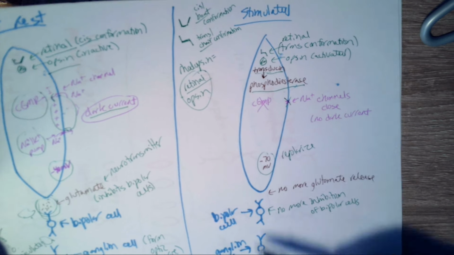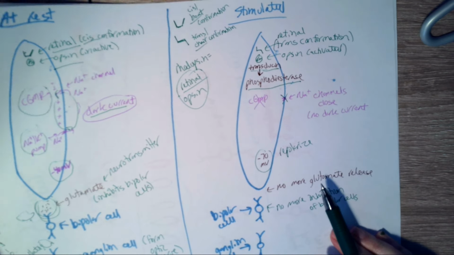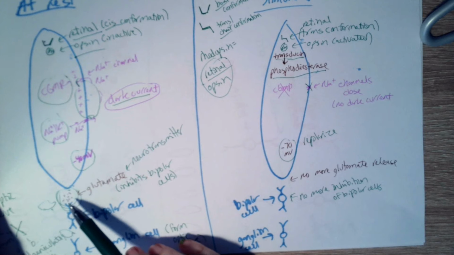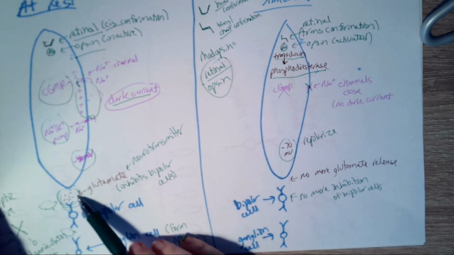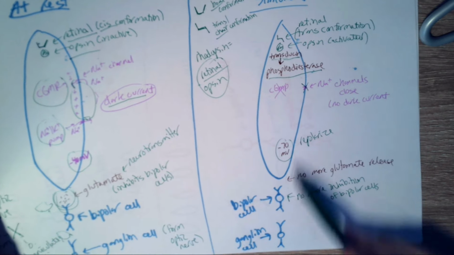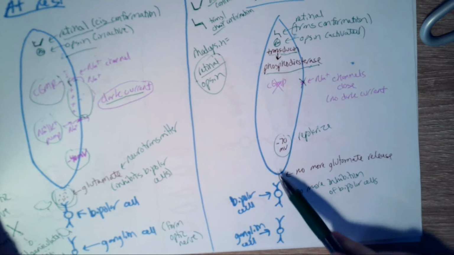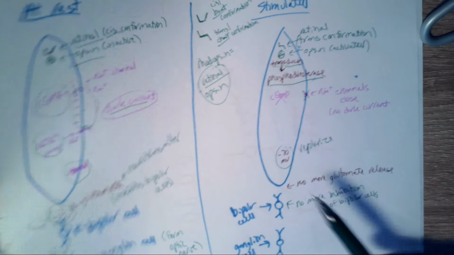So it's a little bit backwards from the way we've talked about neuron function before, in that the neurotransmitter is being released when the cell is not stimulated, and we stop releasing neurotransmitter when the cell is stimulated.